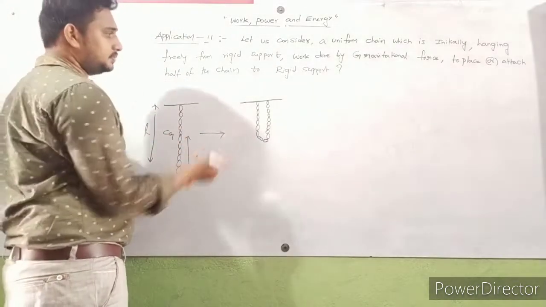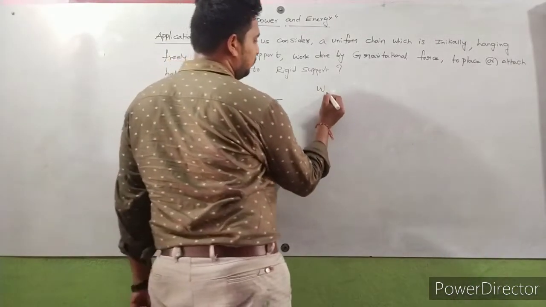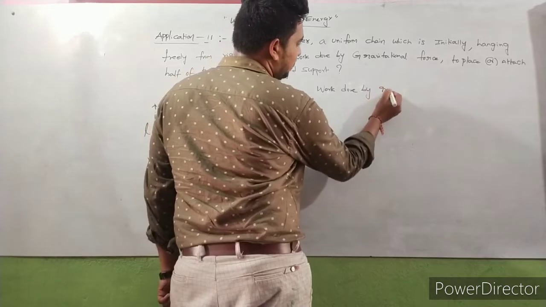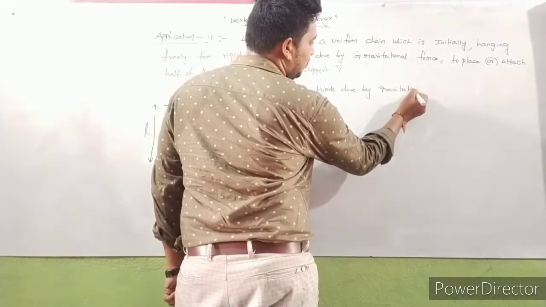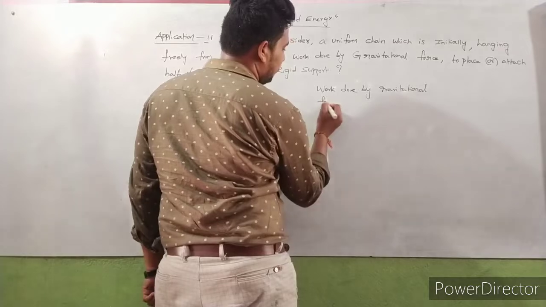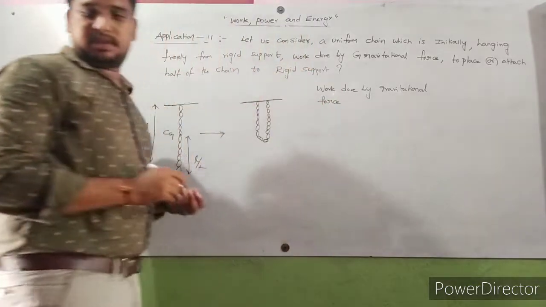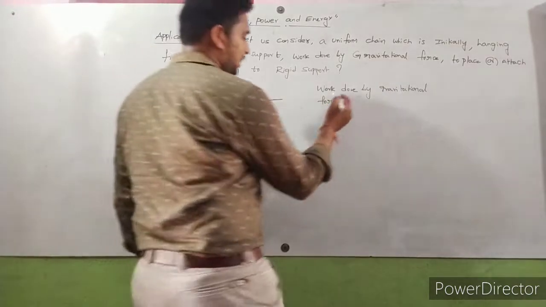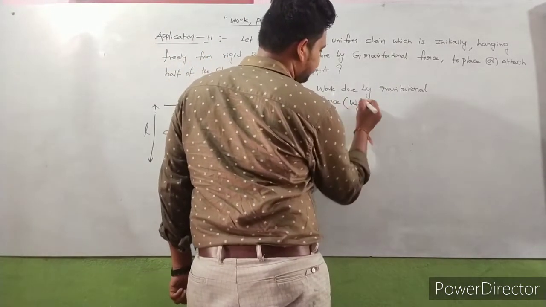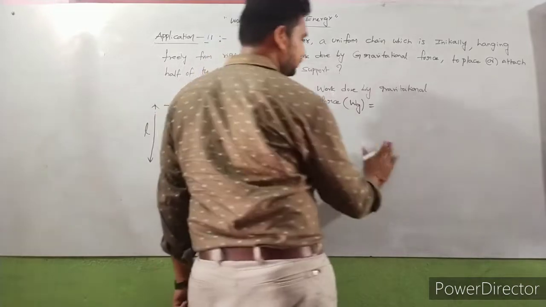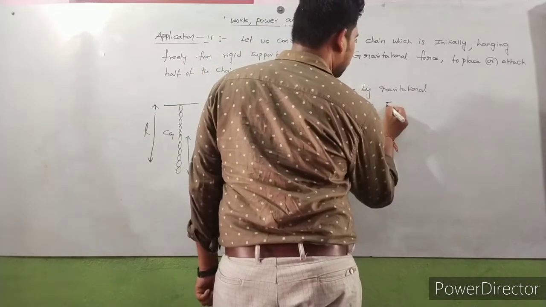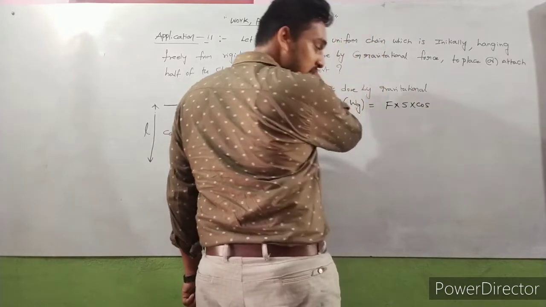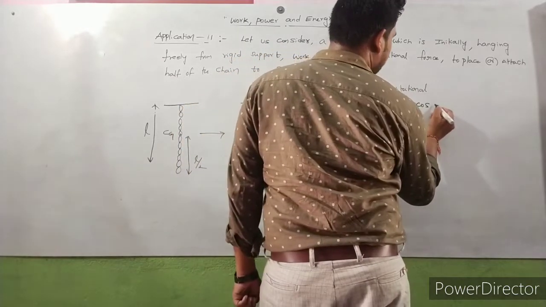Okay, here work done by gravitational force, Wg, is equal to force into displacement into cos theta.